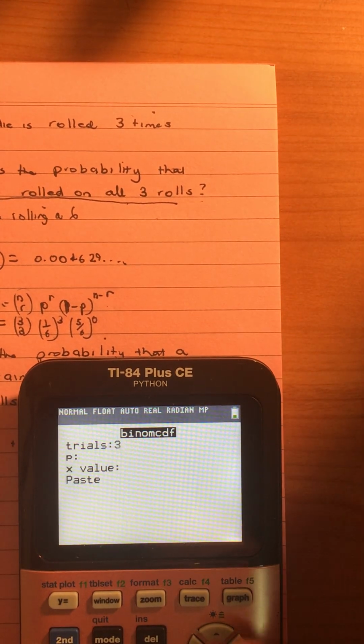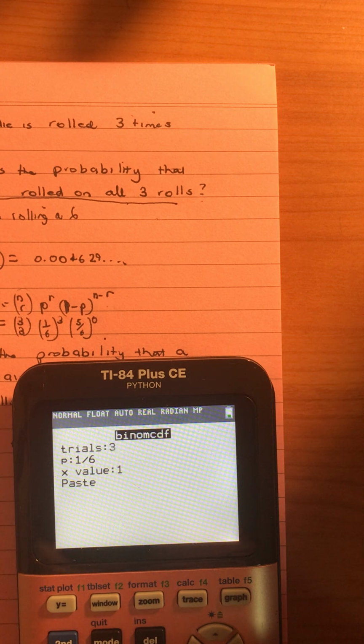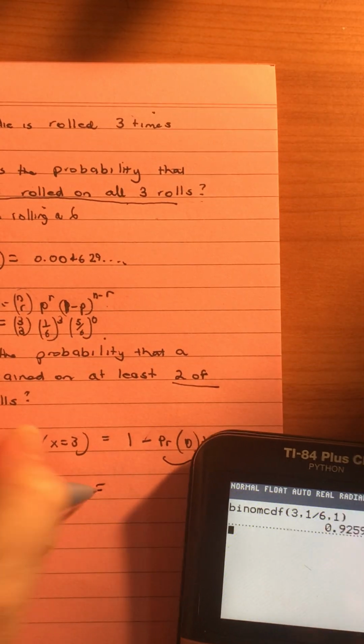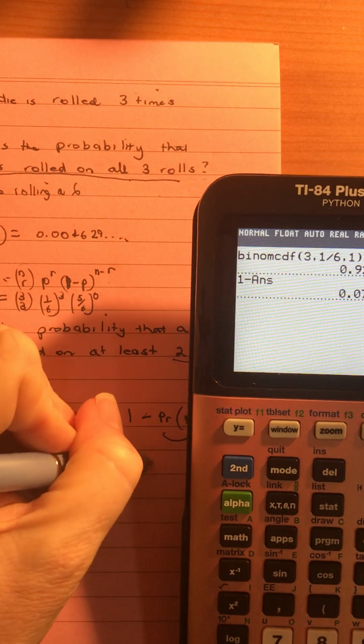So my number of trials is 3, my probability is the 1 over 6, and my x value is 1, so that means it's going to add up the 0 and the 1 together for me. And that gives me 0.9259, but remember I have to do the 1 take away that, so I get 0.07.